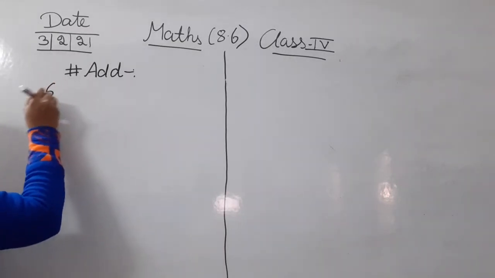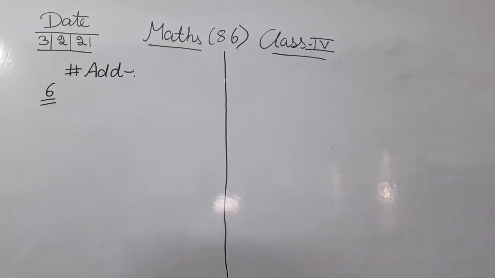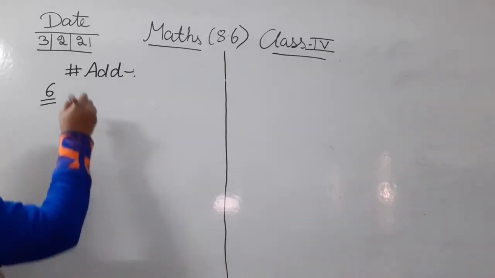Question number 6 is: add 3 upon 17 and 5 upon 17.